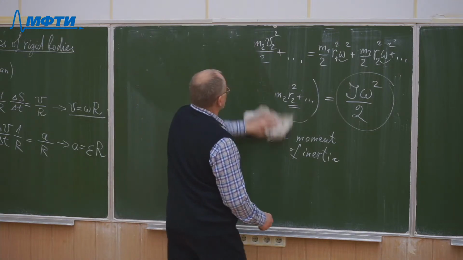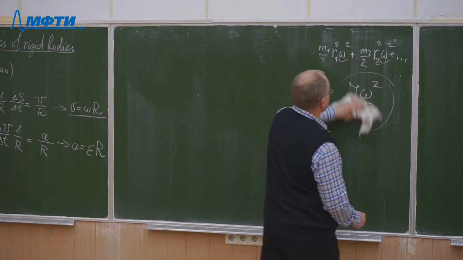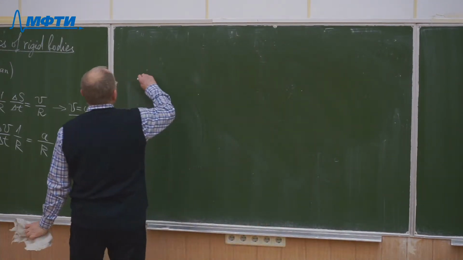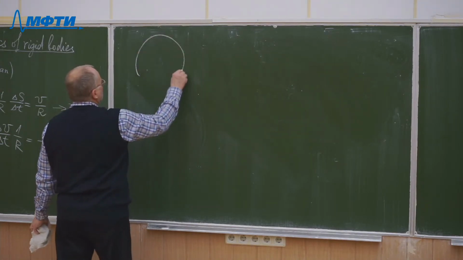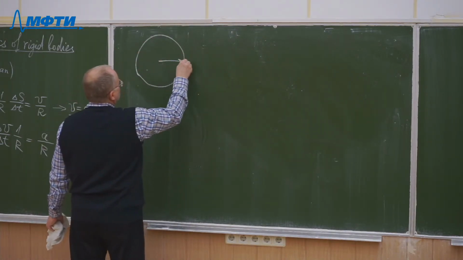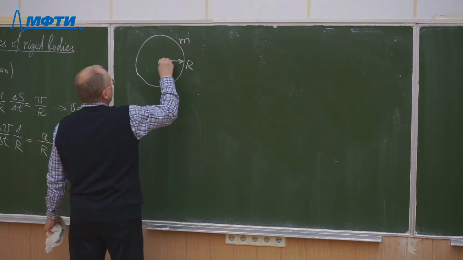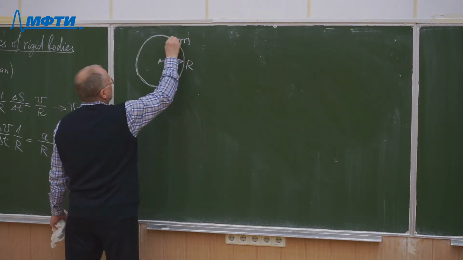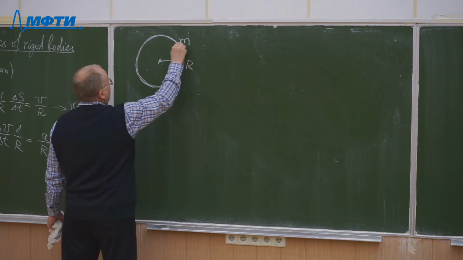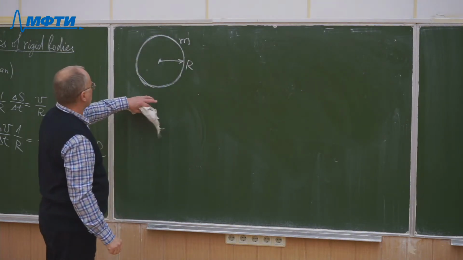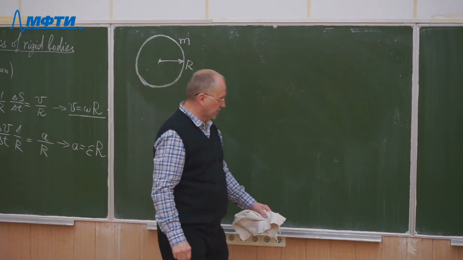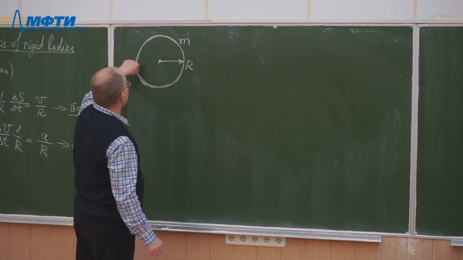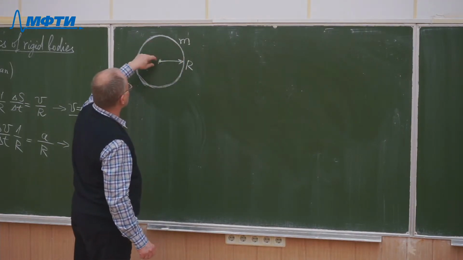Now some examples of the moment of inertia. Suppose we have a hoop of radius r and mass m, and all the mass is distributed evenly along this circle, which is the hoop of radius r.